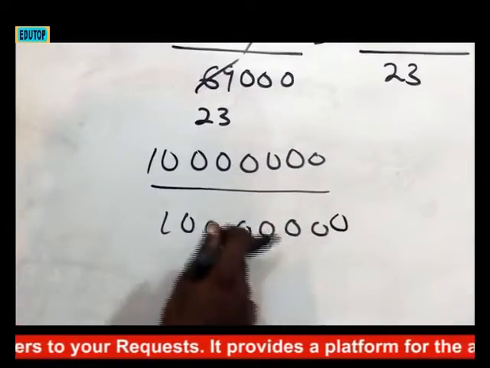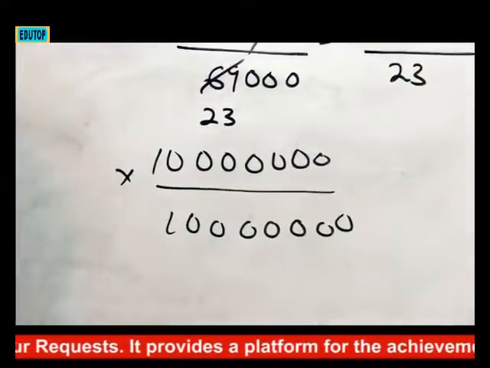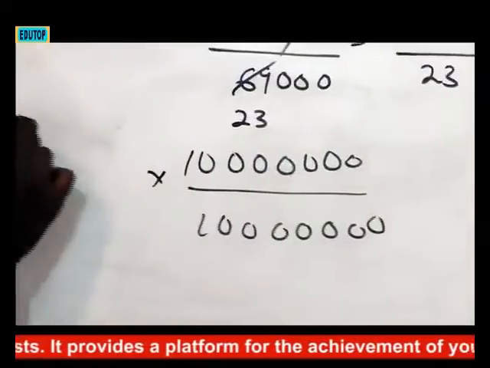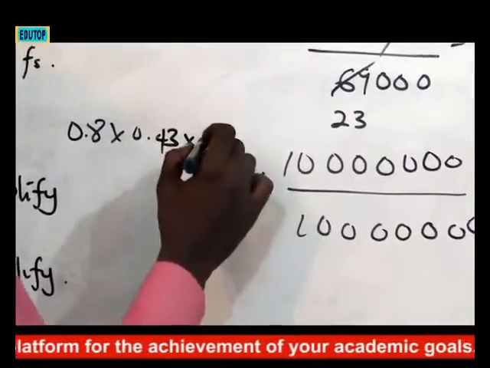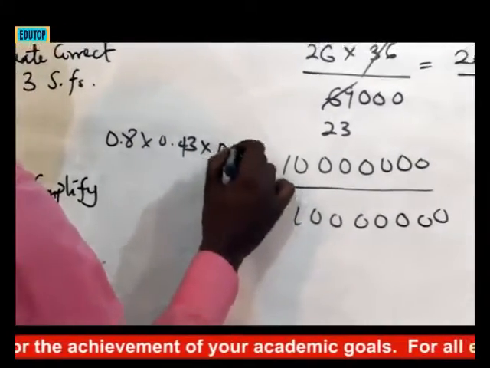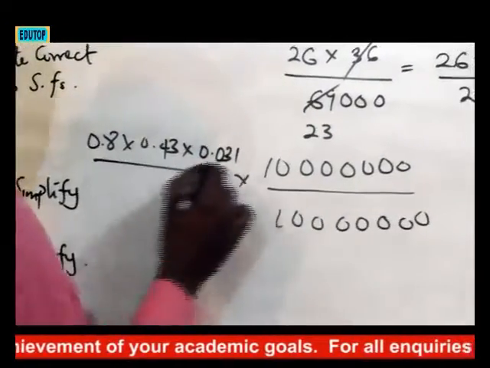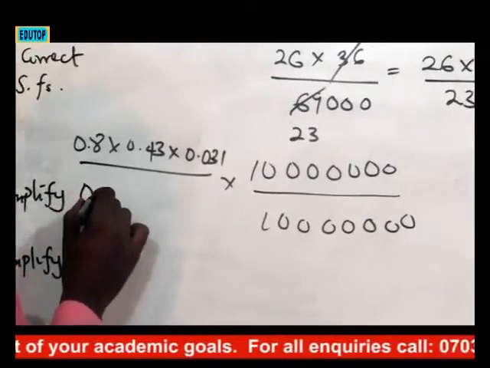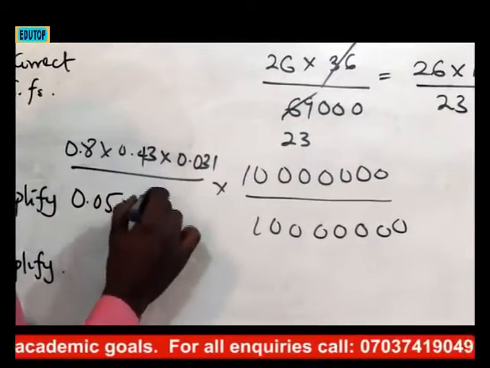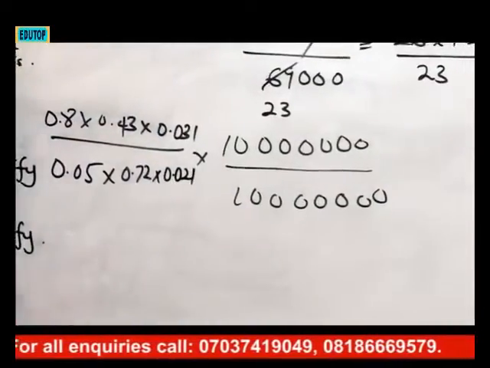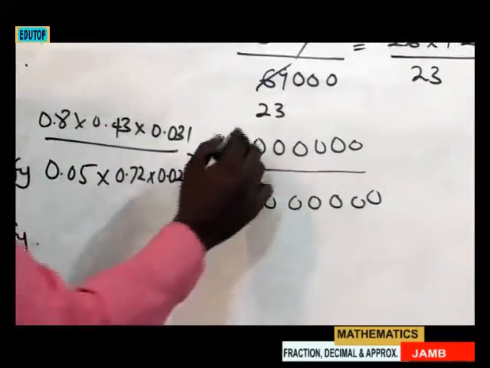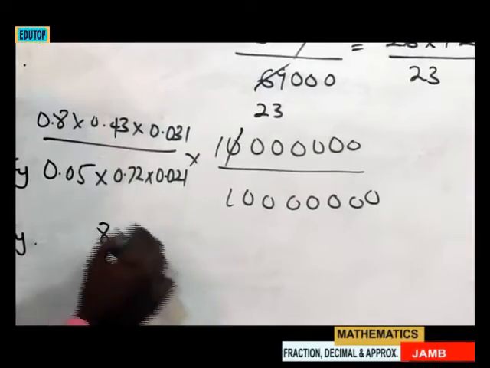We have 7 zeros times 0.8 times 0.43 times 0.031, over the other fraction, 0.05 times 0.72 times 0.021. By so doing, for the first one, 1 zero removed, you have 8.